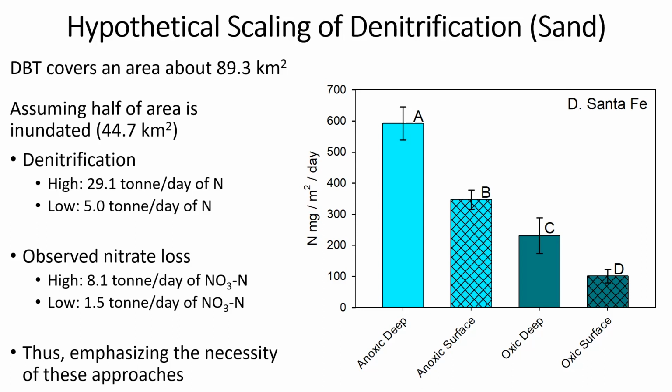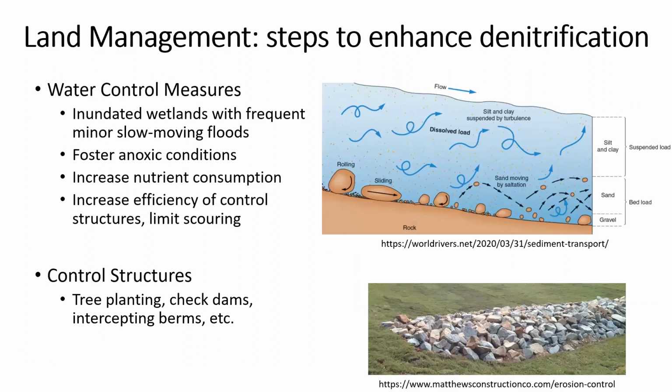So for land management, what steps can be taken to enhance denitrification? Ultimately, this comes down to water control structures, as we need to inundate our wetlands with frequent, minor, slow-moving floods so as to foster anoxic conditions, thus increasing nutrient consumption, but also increasing the efficiency of other control structures, as if we simply overwhelm them, they won't have an effect.